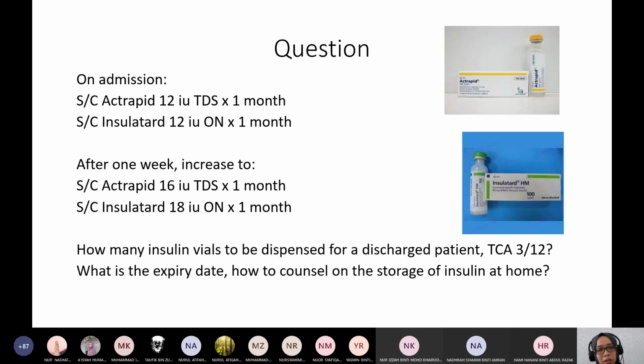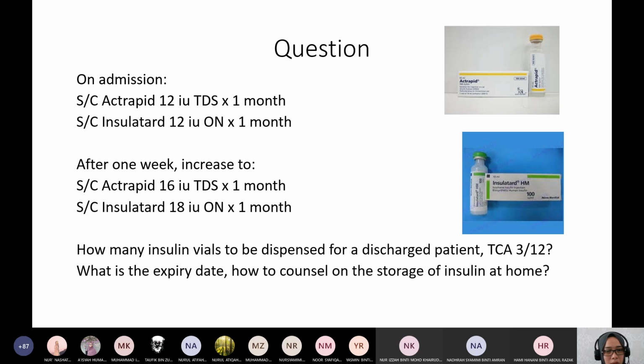So you need to recalculate how many days the insulin can last. Then the patient is discharged, with a TCA in 3 months. So you supply 1 month, and you write the TCA date, and then collect at the outpatient pharmacy.